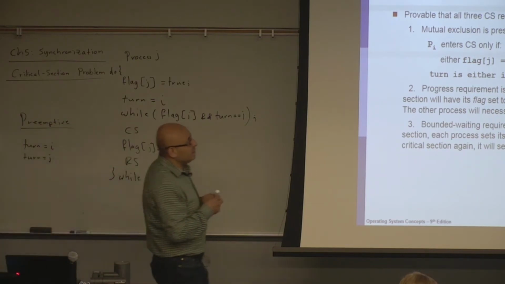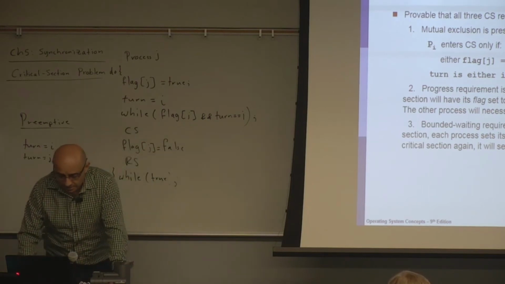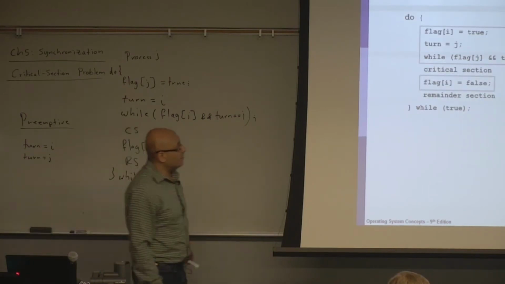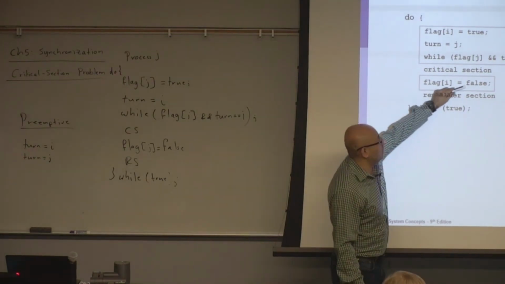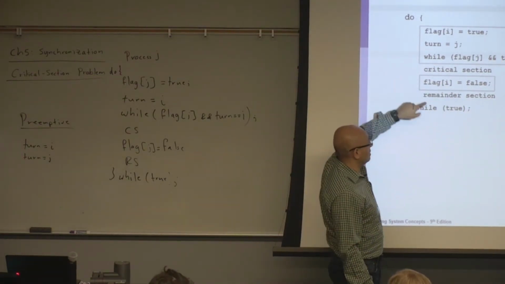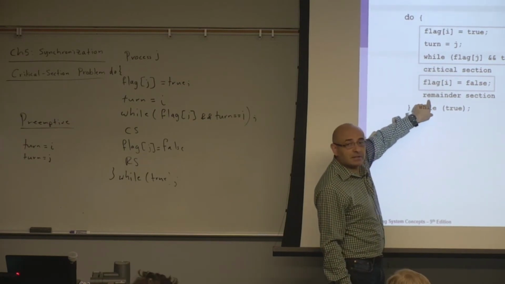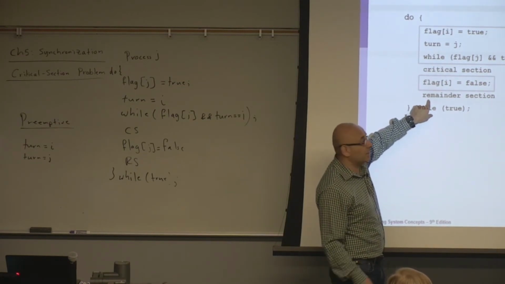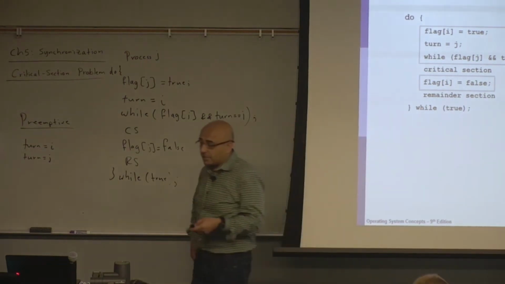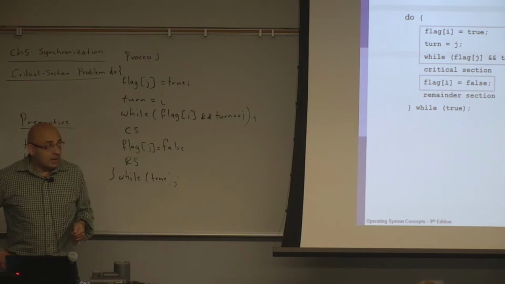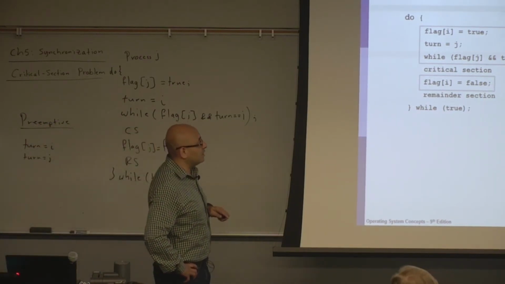And processes in their remainder section are not going to get selected, because if a process is in the remainder section, then its flag is equal to false, which means that it's not interested. And when one of the processes is not interested, the other process can access the critical section without having to wait. Now, what about the bounded waiting? So bounded waiting is the one that we need to understand very well.